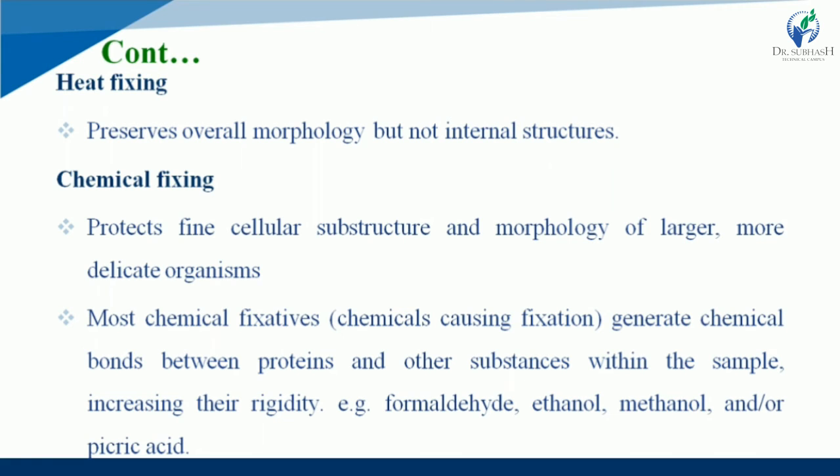In heat fixing, heat is applied on the glass slide, which is passed over the flame until heat fixation is done. And how does chemical fixation occur? Chemical fixation occurs by formation of bonds between proteins as well as other substances.